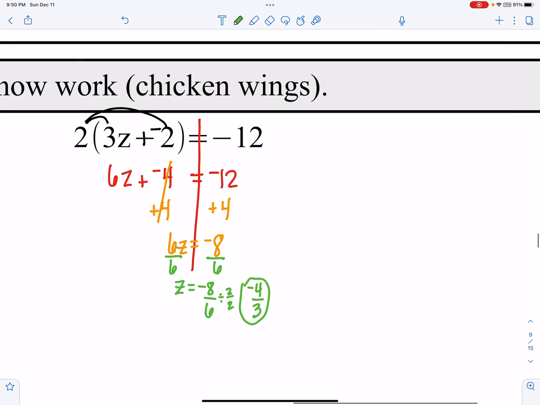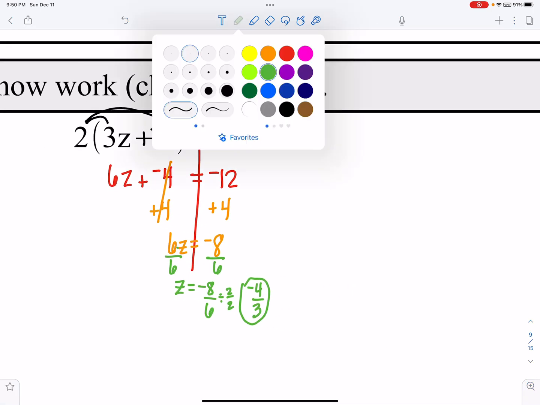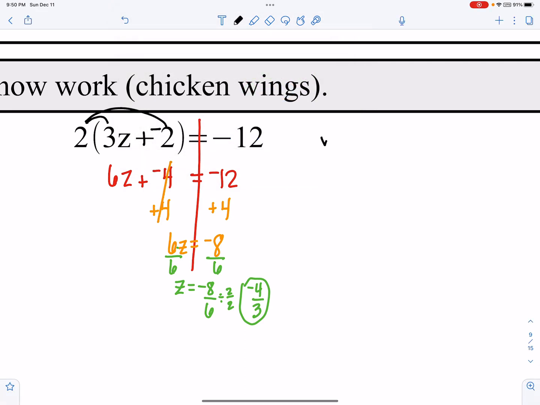Let's go ahead and check. So I'm going to change to black since I'm in that check mode. 2 times the quantity of 3 times negative 4/3 plus a negative 2 equals negative 12.